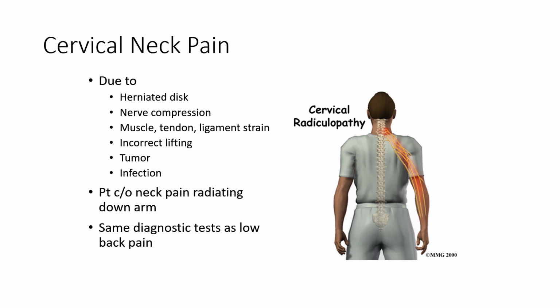Now, the picture you have there is cervical radiculopathy, which is when the patient has neck pain that radiates down one arm or the other, and this indicates cervical nerve impingement. The same diagnostic tests will be used as we use with low back pain: X-ray, CT, MRI, and EMGs and NCVs.